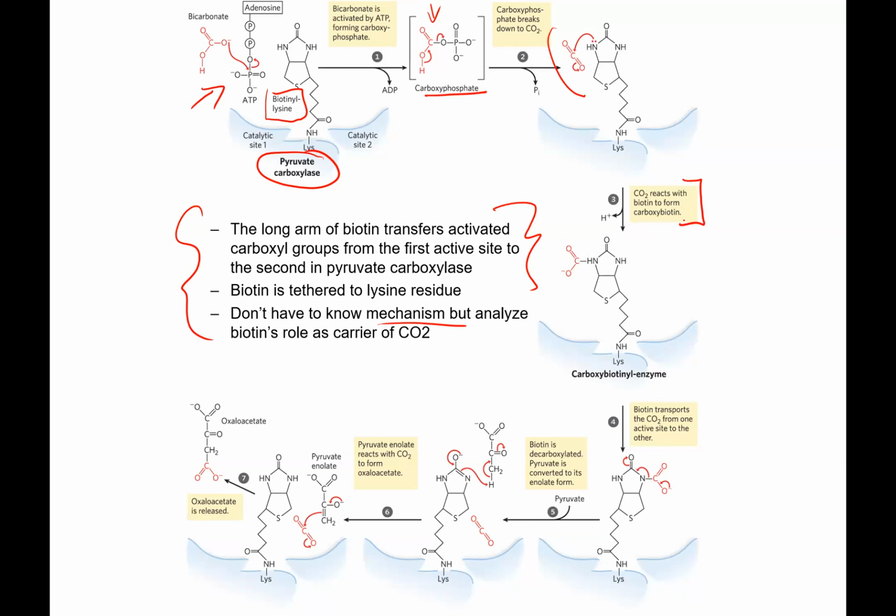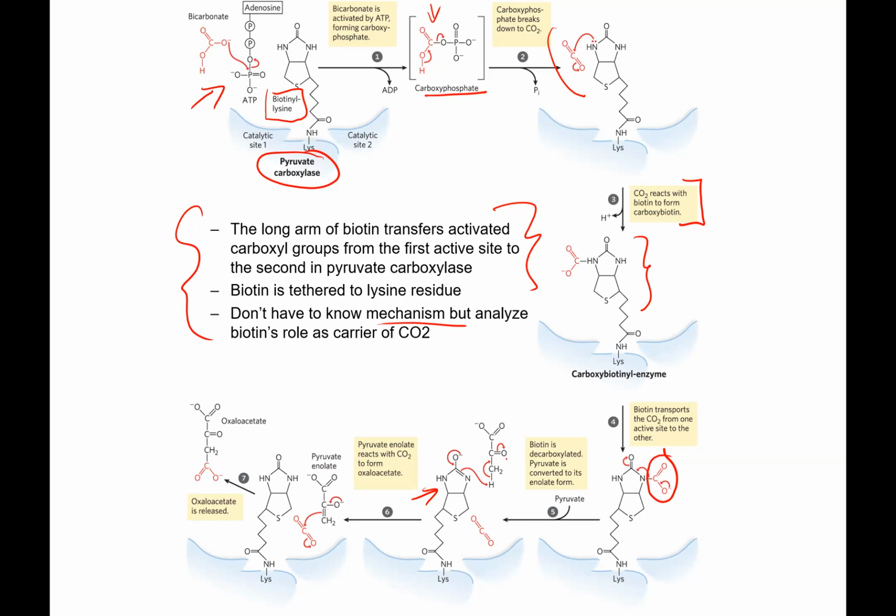From there, this is what I find interesting about this. CO2 keeps getting released and then getting reattached to something. So here it's attached and we have our carboxybiotin, and then through some arrow pushing here, we get, again, the release of CO2. So we've attached it and then we turn around and we release it. But that sets up this ring structure here to actually attack or interact with a molecule of pyruvate.